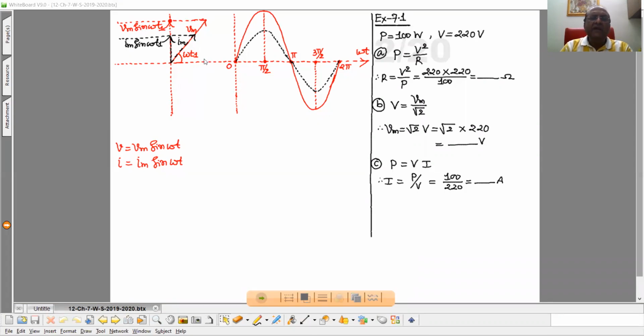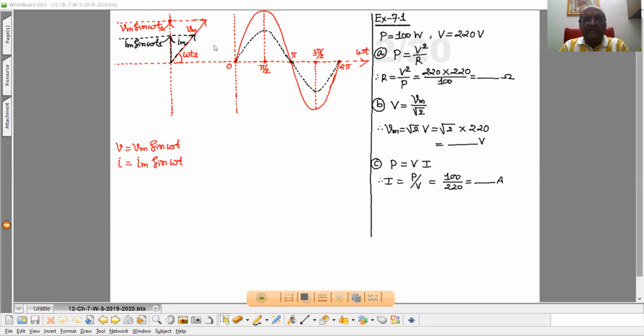Now see, as time changes, this angle will change. If the angle is changing, then the vector will be rotating. This particular rotating vector is called a phasor.